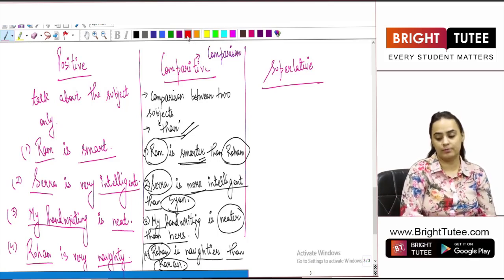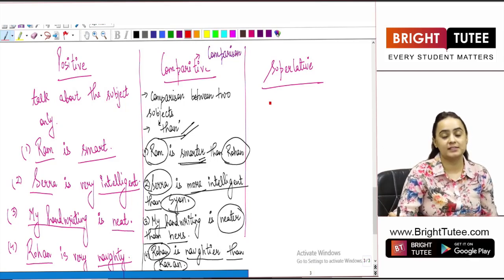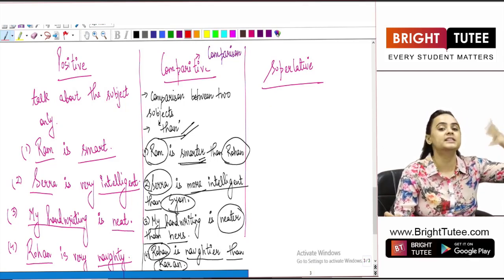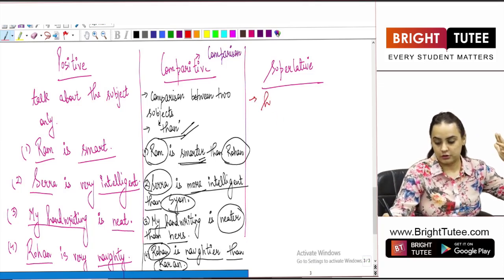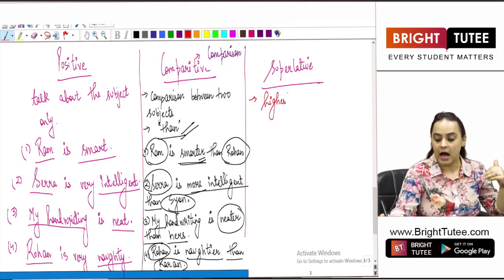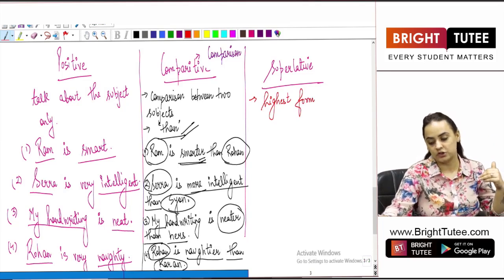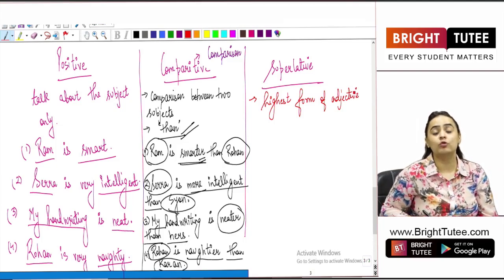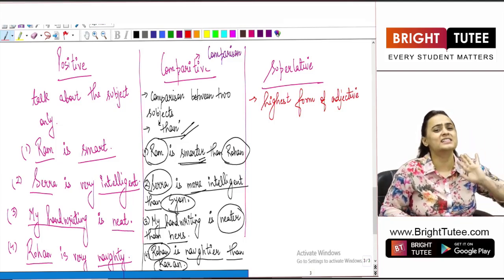Now let us talk about the superlative degree. As the name suggests, superlative means the best, which is the highest form. So, it talks about the highest form of the adjective. It talks about a quality which is there in its highest form.